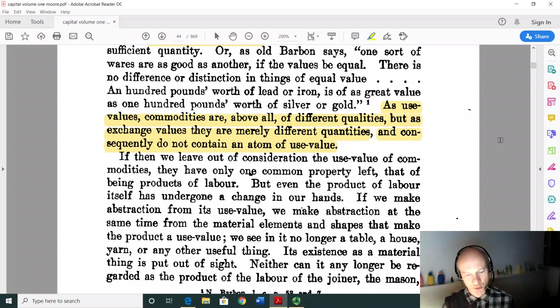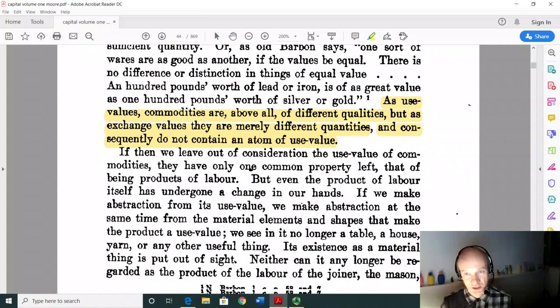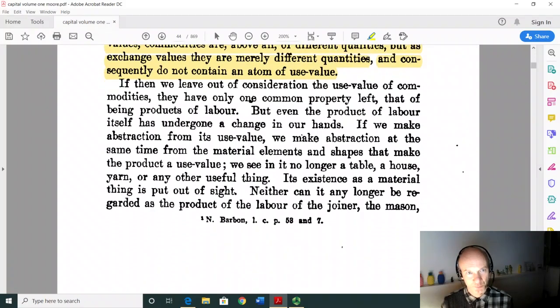So if you look at a commodity only from the perspective of its exchange value, then it is completely irrelevant what exactly it is. Whereas if you look at that commodity from the perspective of its use value, then it absolutely matters what specifically it is and what the material qualities are, because from its specificity derives its use value.